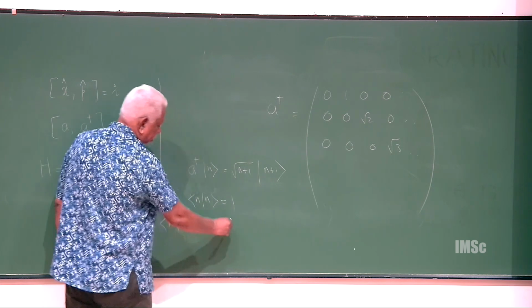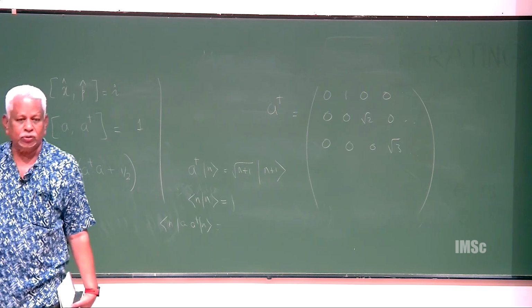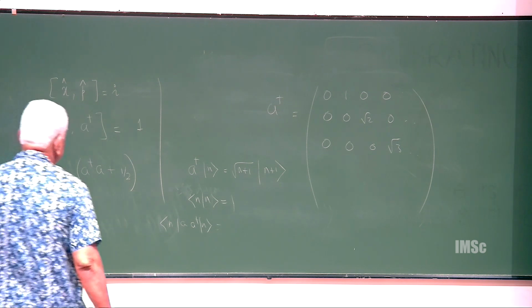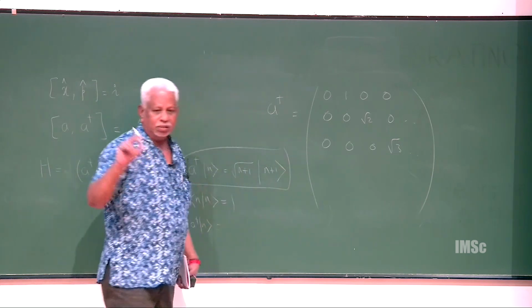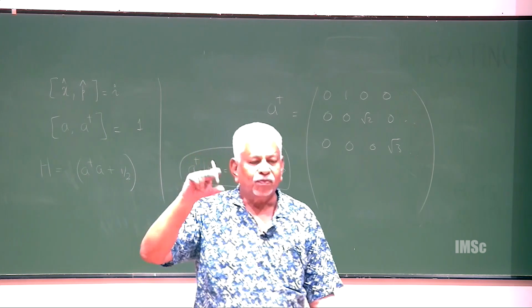If I do this, this is some n plus 1. You have to take the square root of that. So that is what will happen. So this is the result. Which means the connection between the nth state and the n plus 1th state has a factor of root n plus 1.